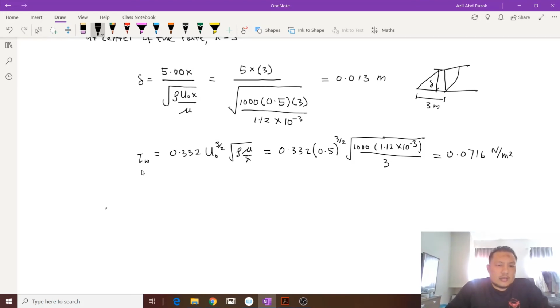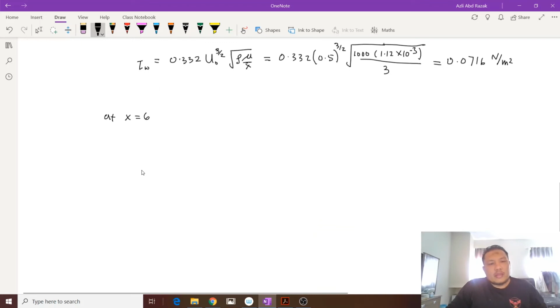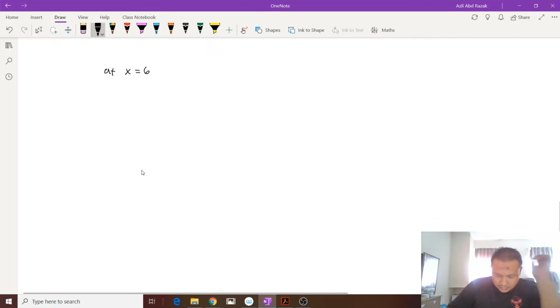At the trailing edge, which is next, x equal to 6. The trailing edge means the end of the plate, the full length. This is a similar procedure.